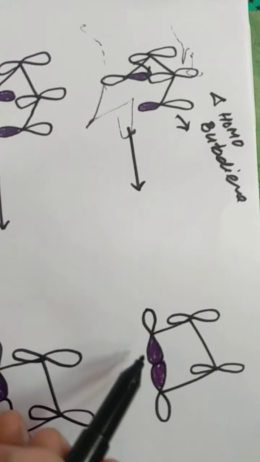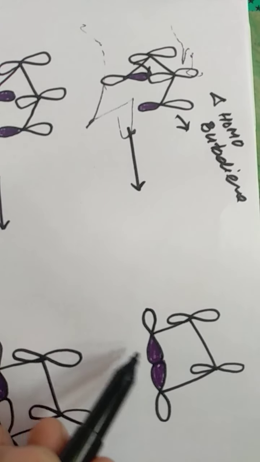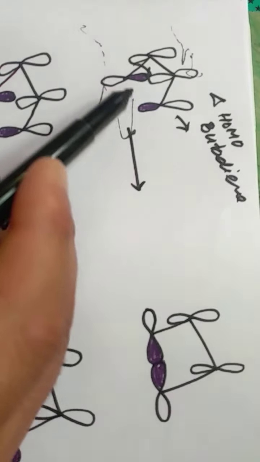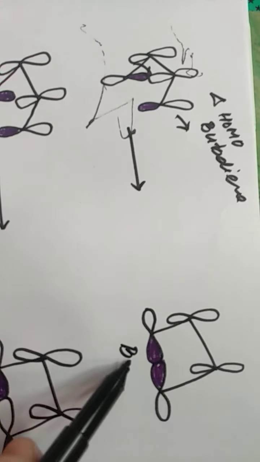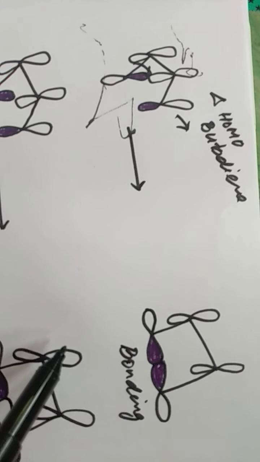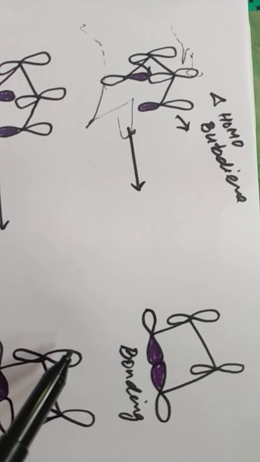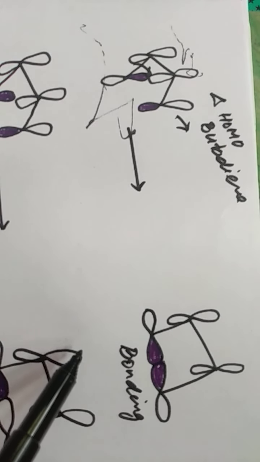We get this type of combination, and in this case these two same lobes interact, so there is bonding. If you don't know what is conrotatory motion or what is disrotatory motion, you can watch my videos. I have videos on these topics.